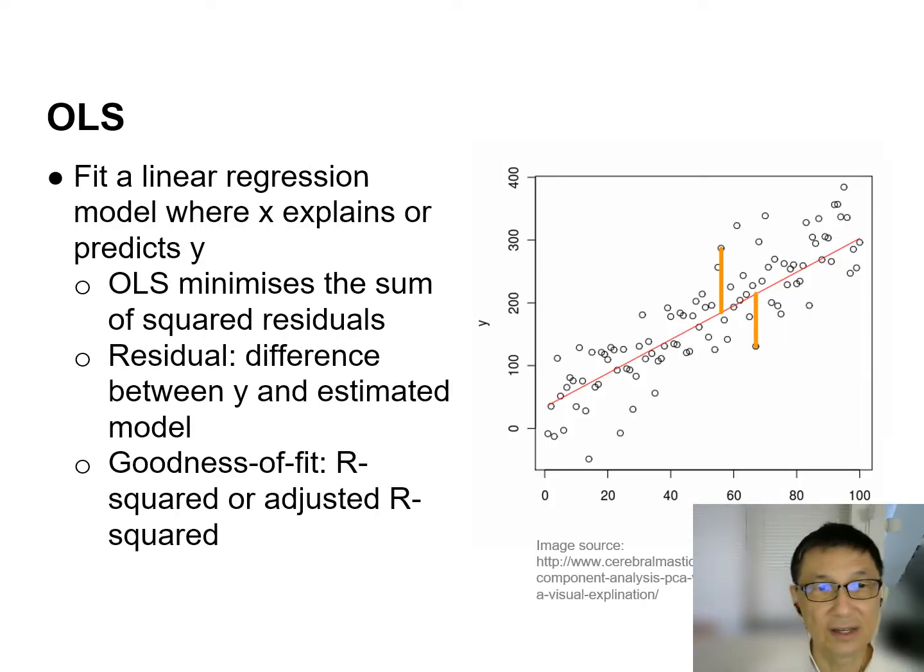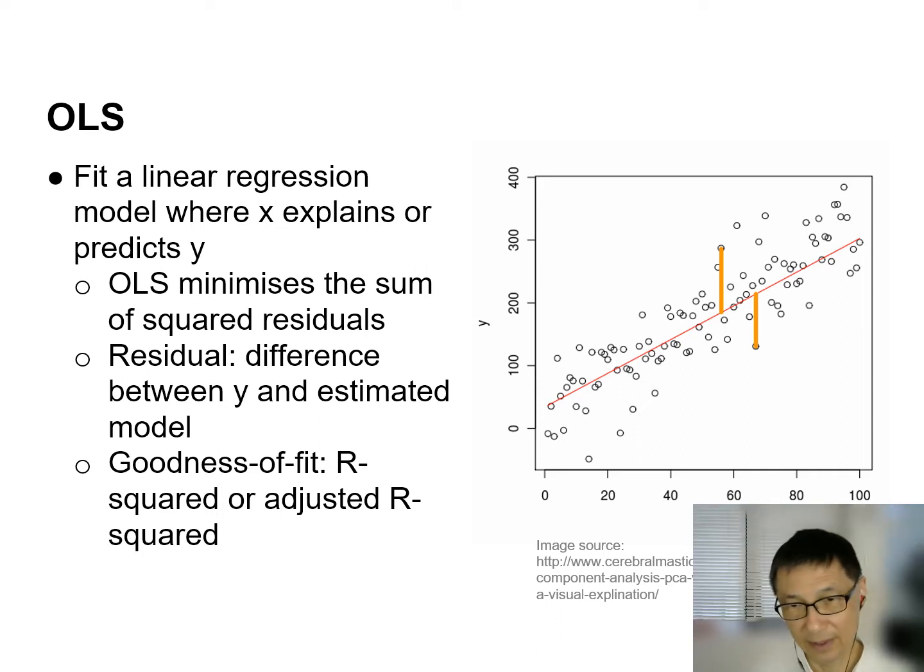OLS fits a linear regression model where X, the explanatory variable, explains or predicts the outcome or the dependent variable Y. Actually, in an earlier slide, I wrote down the equation for an OLS model. Y equals beta subscript 0 plus beta subscript 1 times X plus U. Recall that U in that equation was the error term.